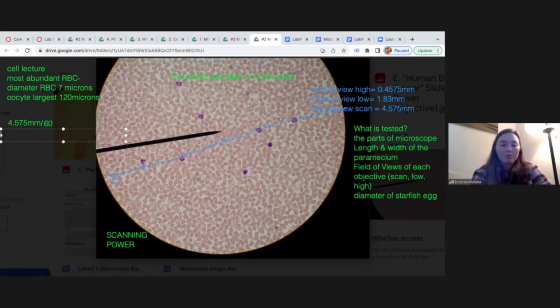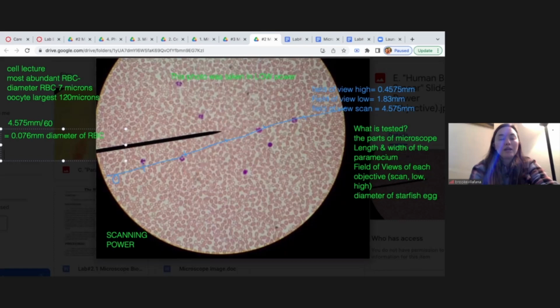Okay, so 4.575 divided by 60 is 0.076 millimeters. Okay, that's the diameter of the red blood cell. And then if you were getting the diameter of your white blood cell, it is a little bit bigger.